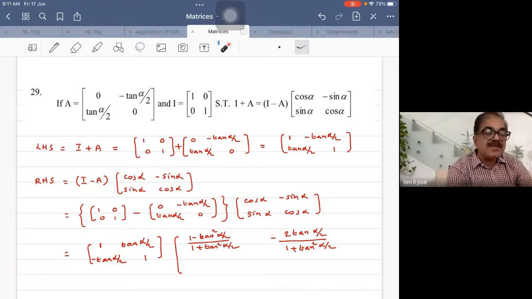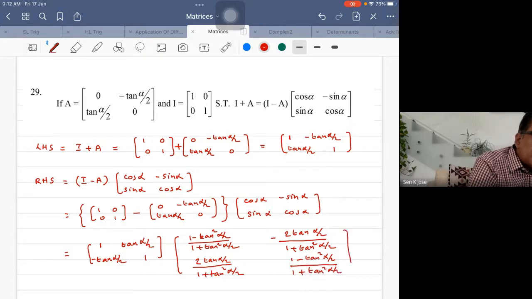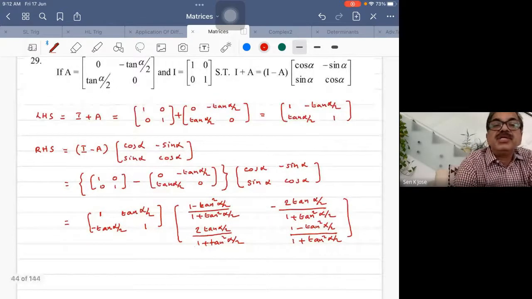This is a formula from class 11. I'm going to write the formula everywhere. So this will be 2 tan alpha by 2 divided by 1 plus tan square alpha by 2, and cos alpha is 1 minus tan square alpha by 2 divided by 1 plus tan square alpha by 2, and close the bracket. Have we all reached until here? Aishi, reached until here?